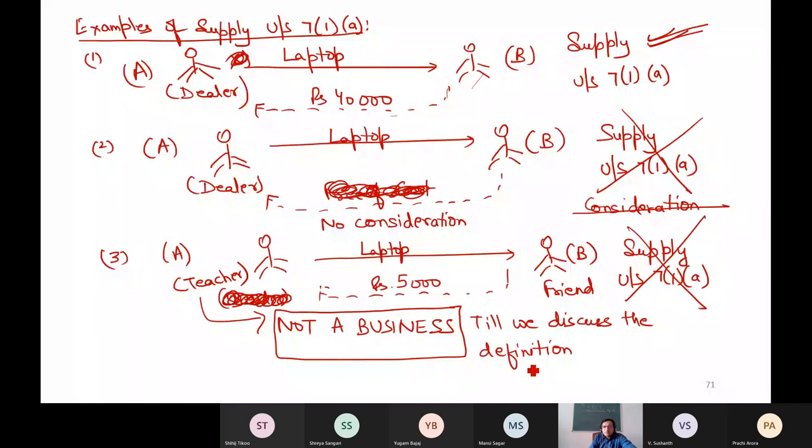I'm not saying that answer will change, answer might change. So I'm skipping for the time being, because I wanted to have only a brief discussion. Till we discuss the definition of business as defined in section 2, start assuming that it is not a business, that's it.